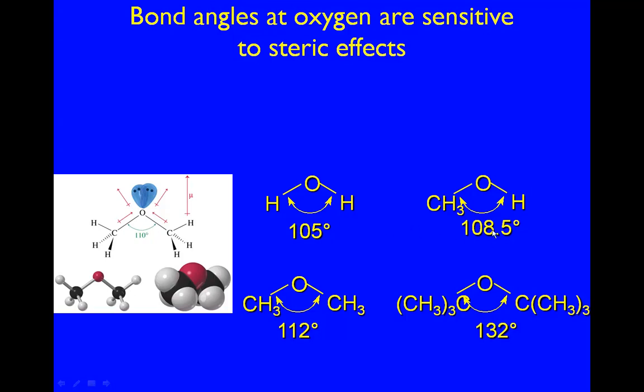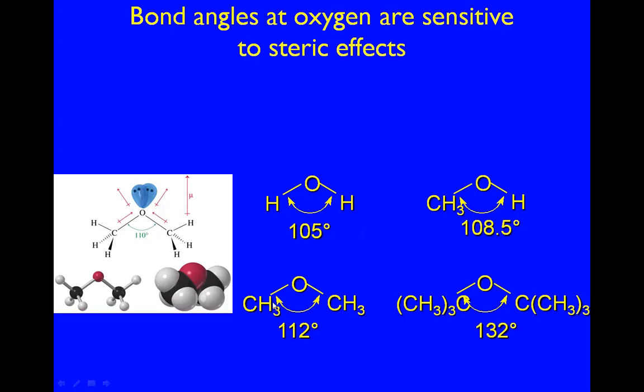For example, in alcohols we have 108.5 degrees. This is an sp3 hybridized oxygen. There are two sp3 orbitals with two pairs of electrons. So you have to remember that there is a repulsion between those two pairs of electrons, and that's the reason why this is deviating from the sp3 hybridization bond angle, which should have been 107.5.